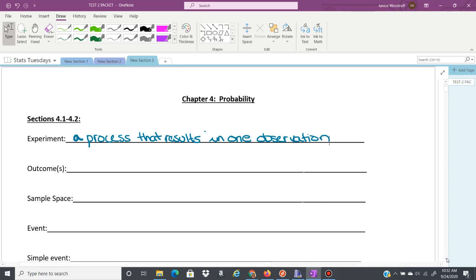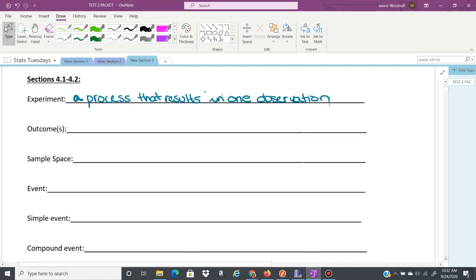So you run an experiment and the observation that you have is called a result. Okay, and that result is called an outcome. So we can say an outcome or a result. Okay, and that is an observation obtained from an experiment.